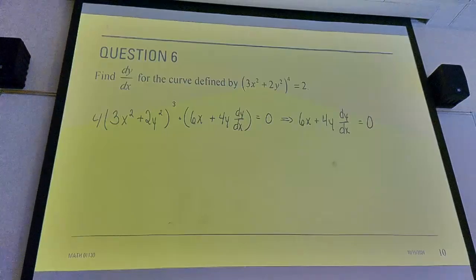I can divide by 4 because it's not 0. So why am I also dividing out by that 3x squared plus 2y squared cubed?